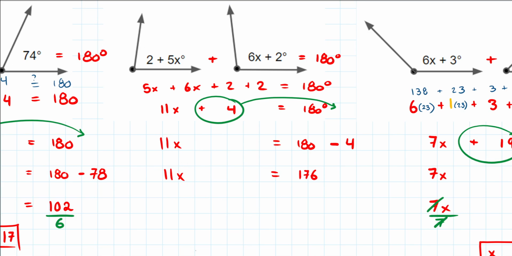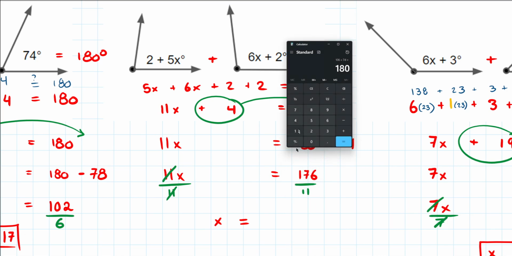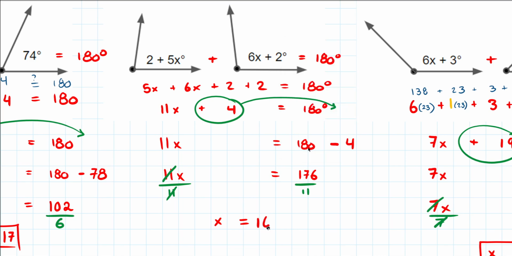And then we divide by 11. Why 11? Because that's the coefficient. We want to get rid of that coefficient so I can just have x equal something. When I divide by the coefficient, it eliminates it. And I'm left with x equals 176 divided by 11. 176 divided by 11, 16.